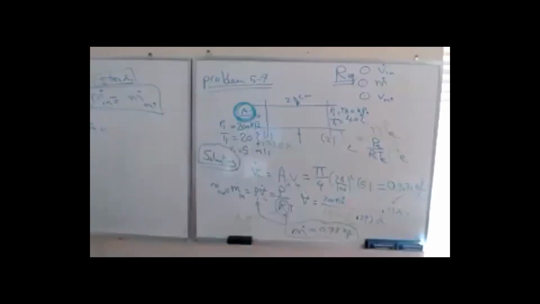Can you see, guys? So velocity at exit is m dot over rho A, which is m dot over P over RT times A. Make sense, guys, or not?